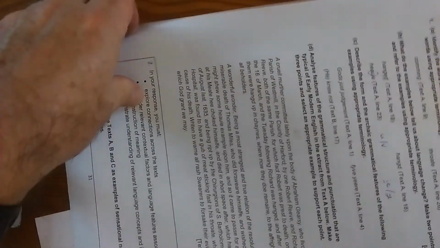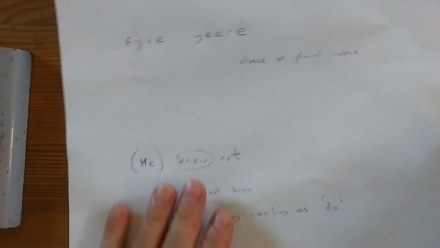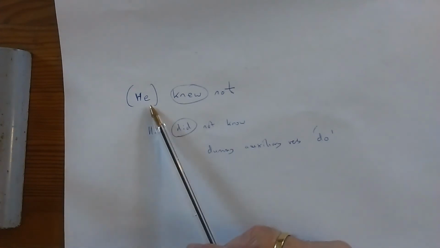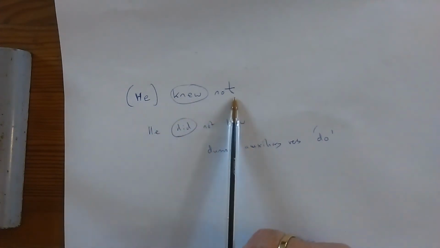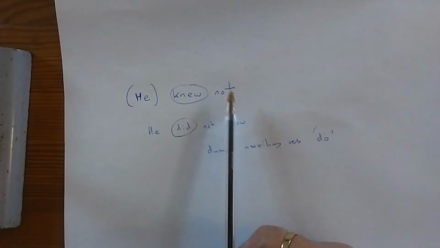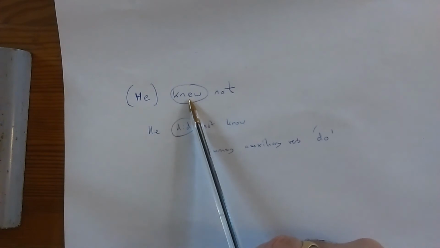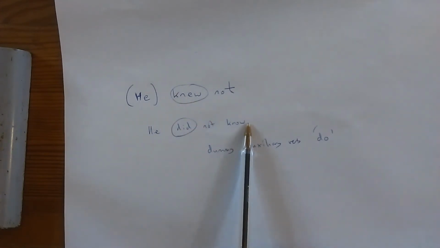Okay, and finally, one that you will be familiar with because you've probably looked quite a lot at word order, and in particular the dummy auxiliary. It's one to look for. So here, the negative form he knew not. Not is negative, and that negative is formed differently. The main verb knew moves from the middle to the end of the phrase.